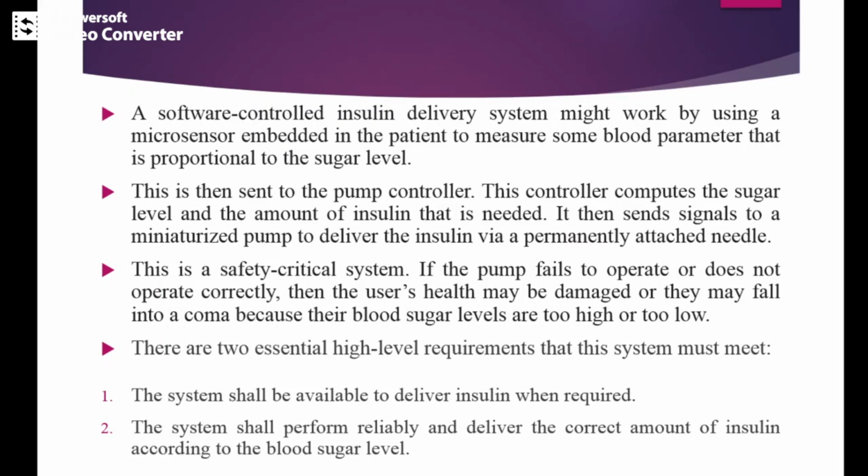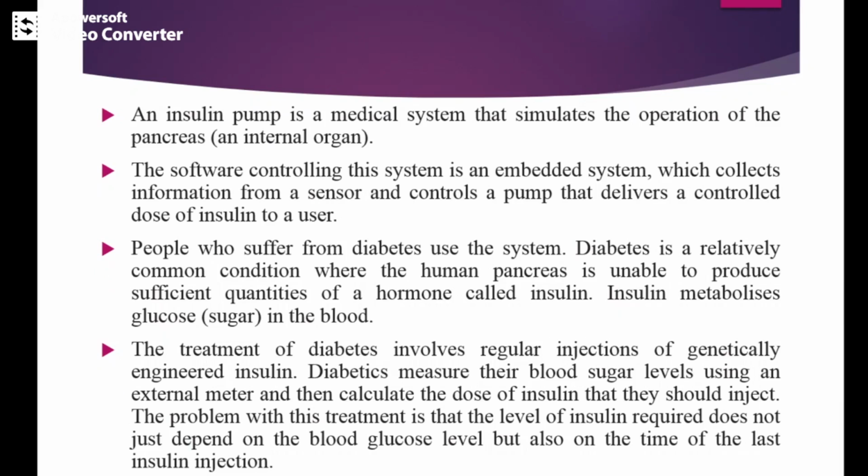So this can lead to very low levels of blood glucose. If there is too much insulin, that means a low level of blood glucose. If there is too little insulin, it means a very high blood sugar level. So it can lead to either a low sugar level, where the amount of insulin is high, or a high sugar level, where the amount of insulin is low.